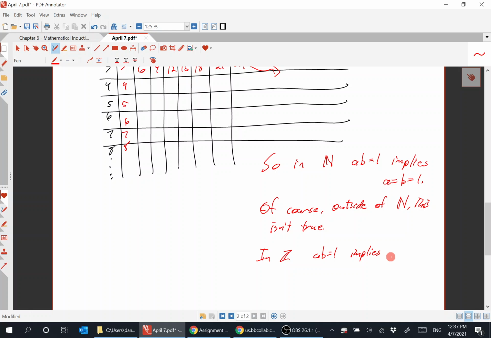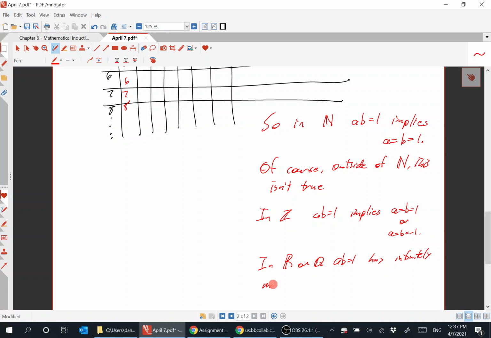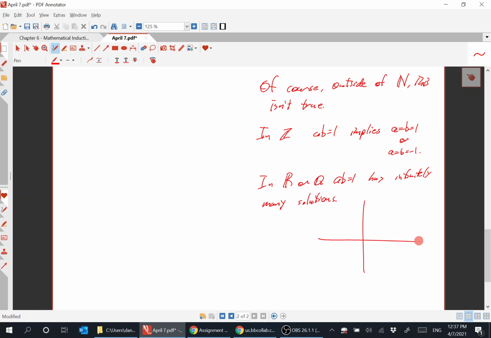In the real numbers or in Q, a times b equal to 1 has infinitely many solutions. It's a equals 1 over b and b equals 1 over a. Yeah, the hyperbola, right? This hyperbola here. But we're not dealing with that.